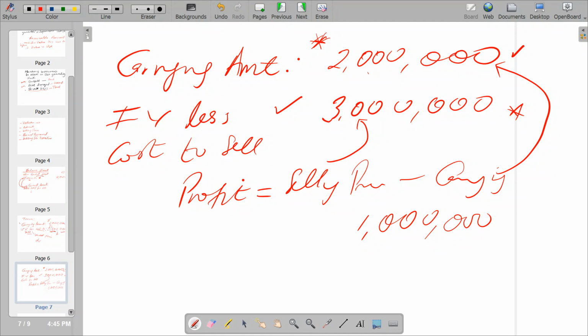So the danger is that we don't want to report, let's say, an asset carrying amount of 3 million, and at the end of the day when we sell it we get 2 million.